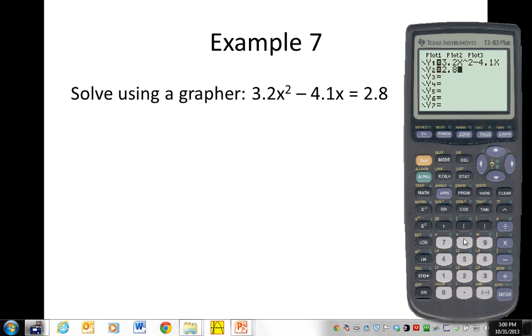It doesn't really matter. Now you generally have to be able to see these points of intersection. If you don't see it, you're going to have to zoom around or manually change your window. So I can see the 2 points, so I'm going to go for it. Second trace, number 5, enter, enter, enter. Okay, so there's my first point, negative 0.49.